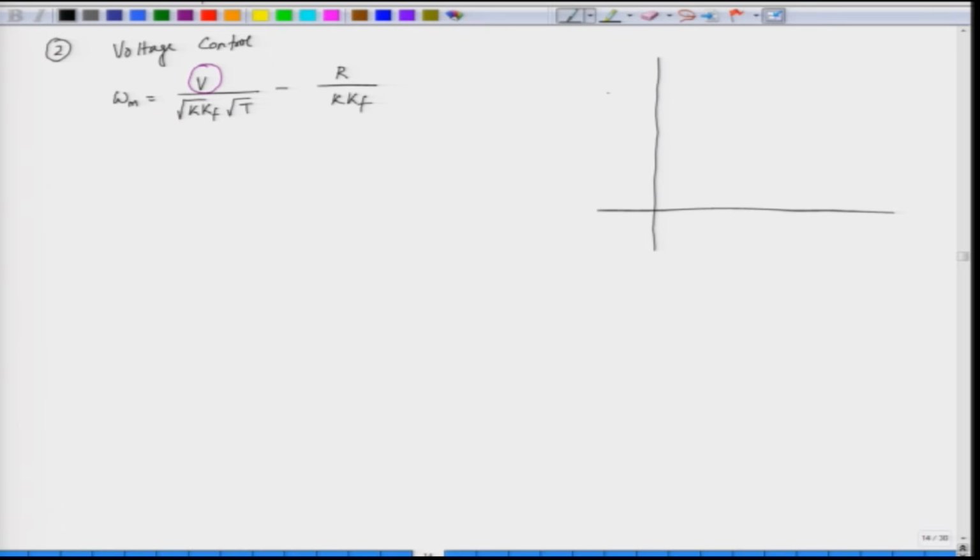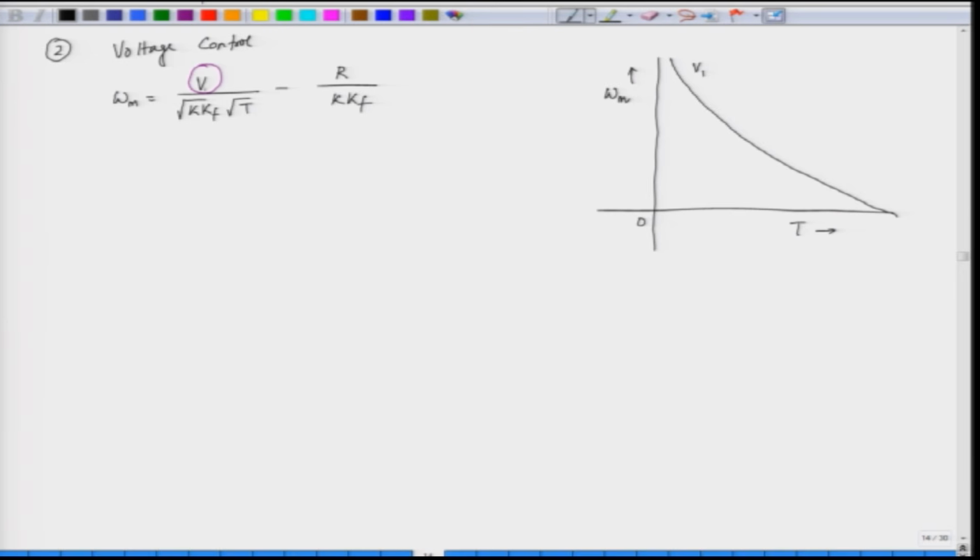So, when we are changing V, what happens? This is omega m and the torque, y axis and x axis respectively, speed is the y axis, torque is in the x axis. Now, when we have the profile here for some value of the voltage V 1, let us say the voltage changes to V 2.